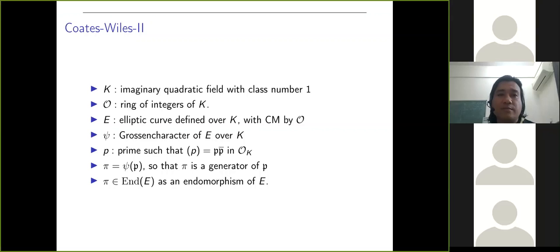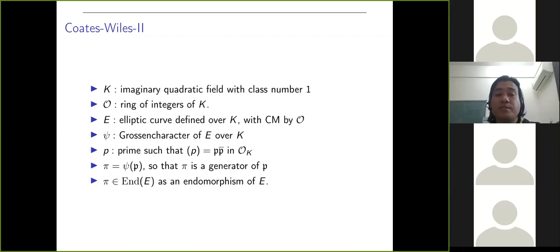I don't even think p-adic L-functions have been constructed when P is ramified or inert in OK.